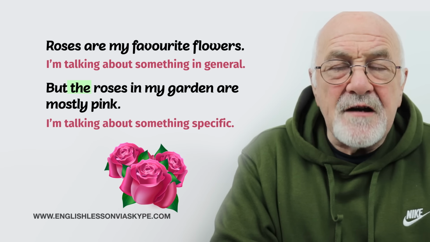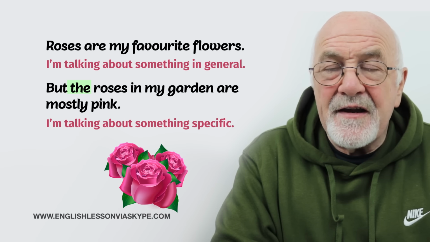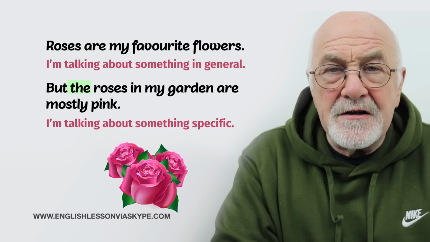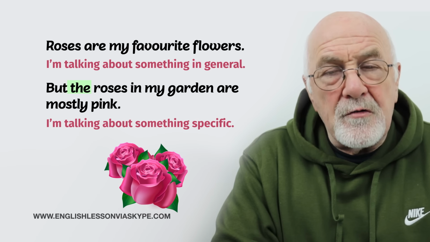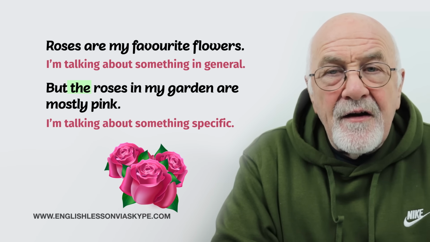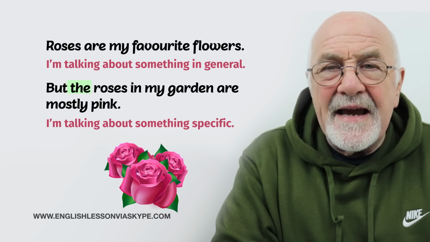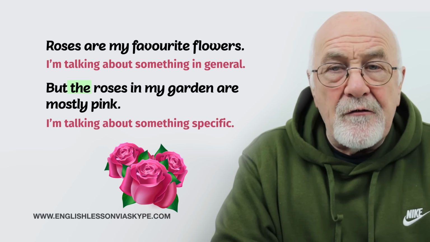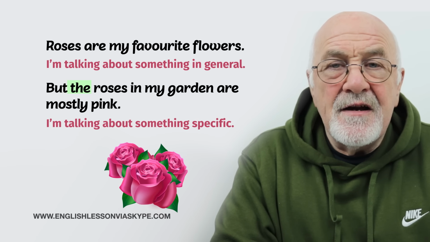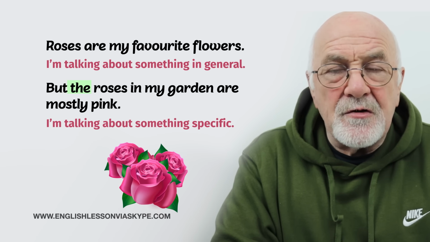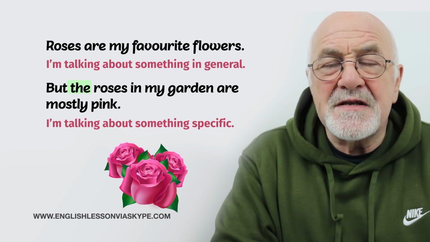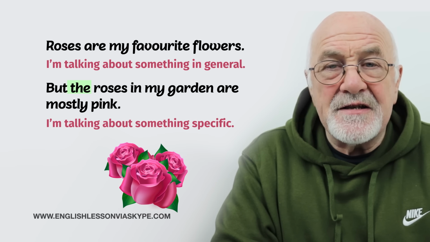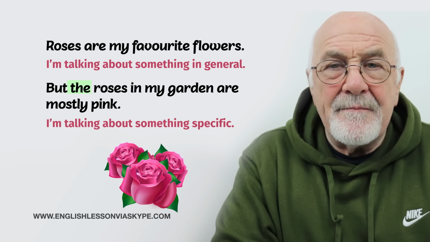So roses are my favorite flowers because they come in many, many different colors. But the roses in my garden are only or mainly pink. Okay, so you can see the difference there. When I talk generally, I just say elephants. When I talk generally, I talk roses. When I talk more specifically, the elephants in my zoo, the roses in my garden.